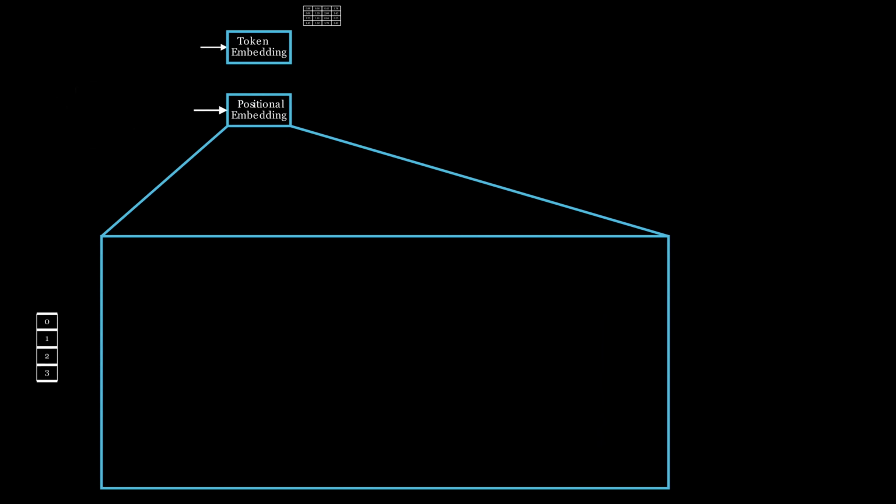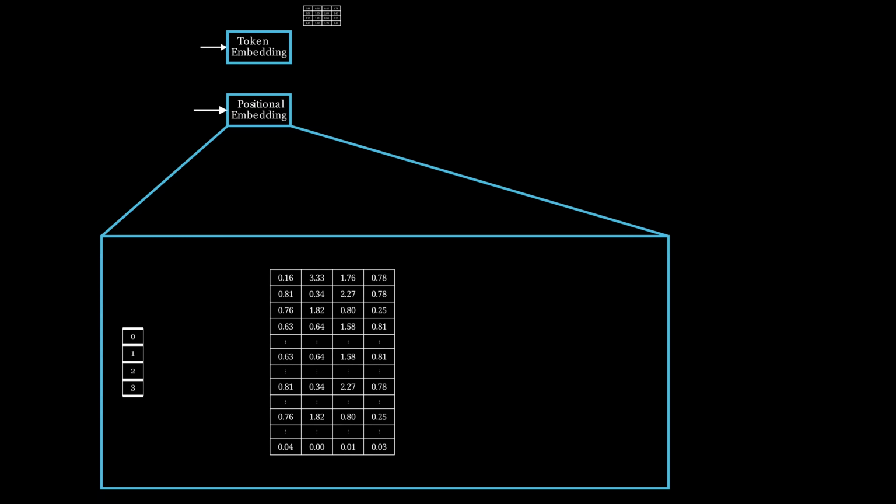So far, the model knows which tokens we have, but it doesn't know the order. To encode the position of each token, we use positional embedding. This is another table with size 1024 times 4.